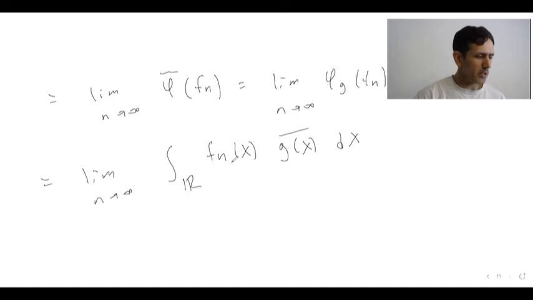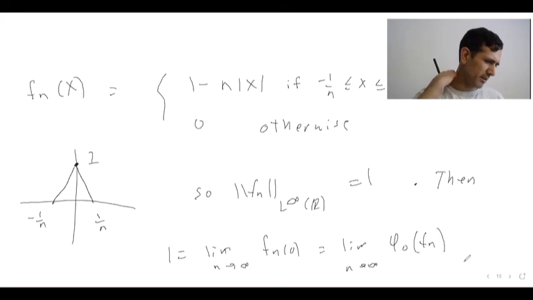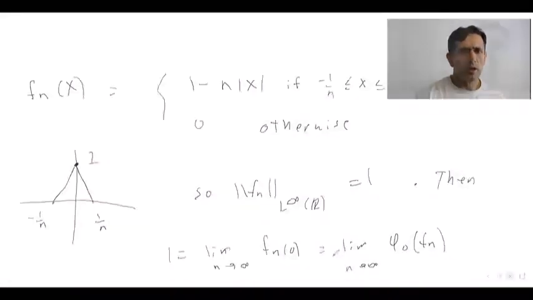So this is just 0. Right, so this is impossible: this says that 1 equals 0.